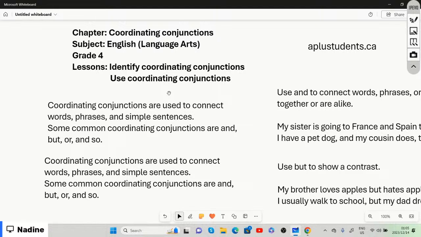All right, so when it comes to conjunctions, coordinating conjunctions are used to connect words, phrases, and simple sentences.